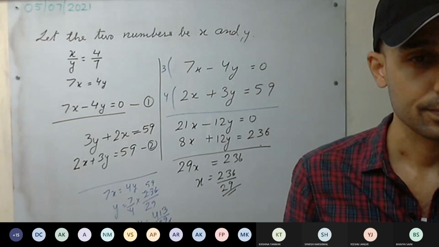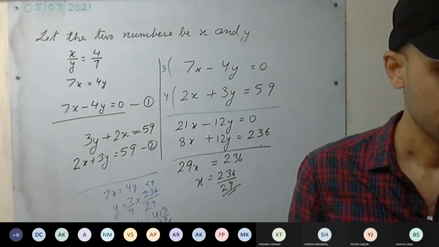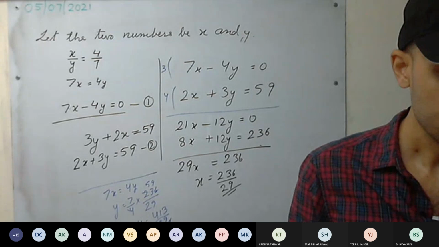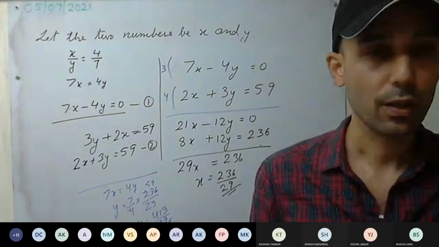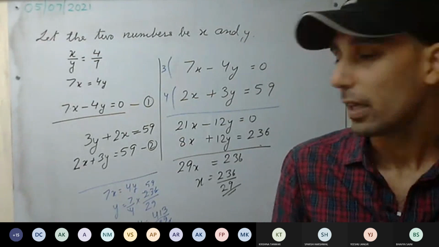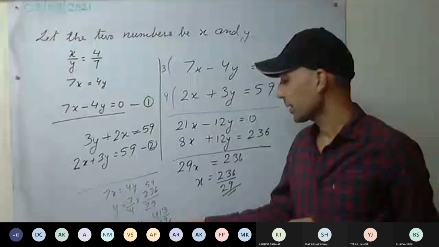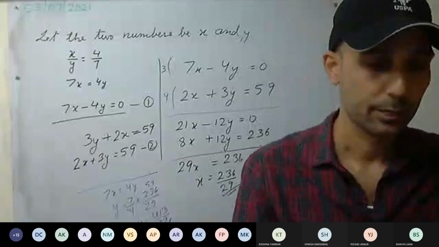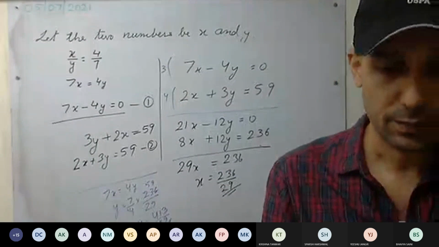Solve it, everyone. Are you able to solve? Everyone on board? It's coming in fractions.